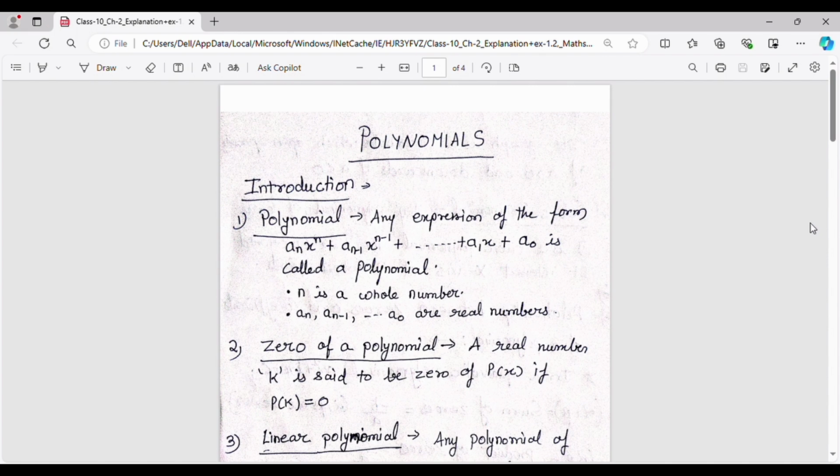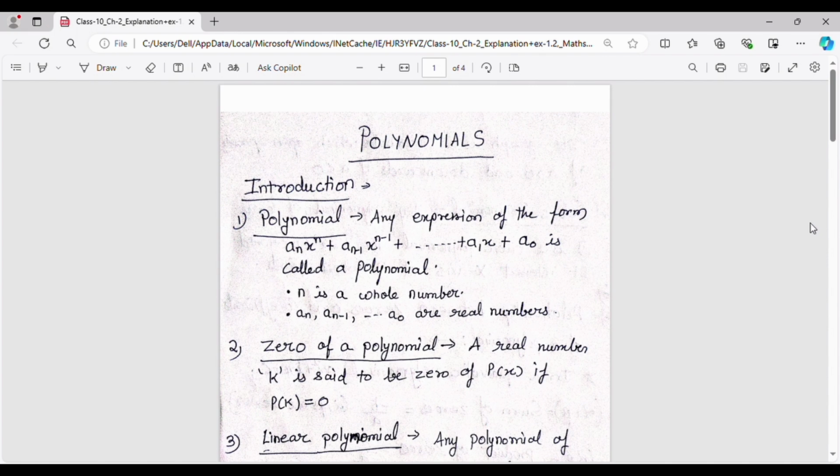Here you can simplify it like the power of the variable, whatever variable is in the expression, the power should be a whole number. It should not be a negative number, and it should not be a fraction either. Such expressions we can say are polynomials.